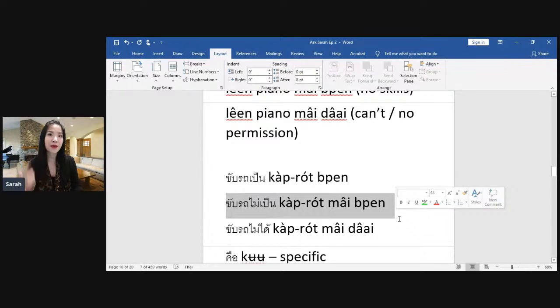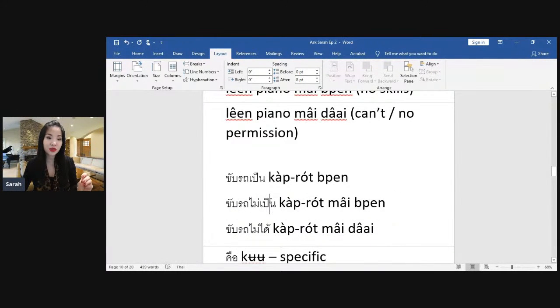Because when I say ขับรถไม่ได้, it can mean I can drive, but maybe I don't have a car, or maybe my dad doesn't allow me to drive right now. You know, that's so confusing. But basically, if you want to refer to skills, say เป็น, and ไม่เป็น for no skills.